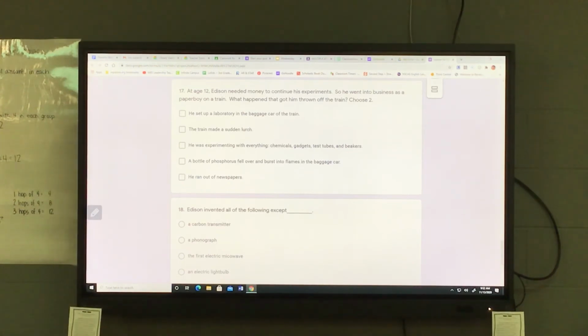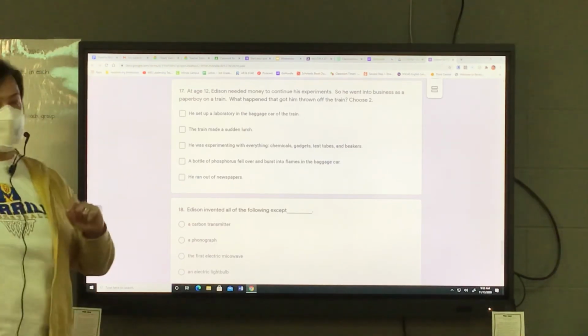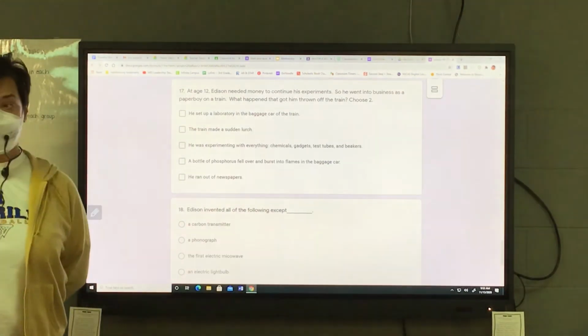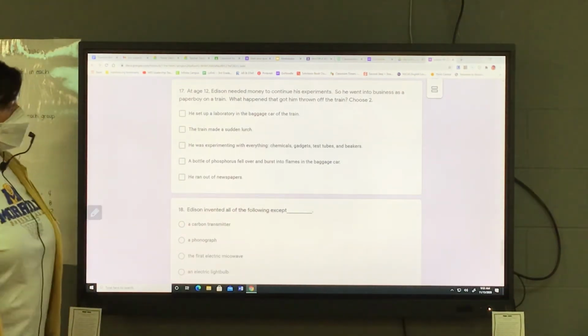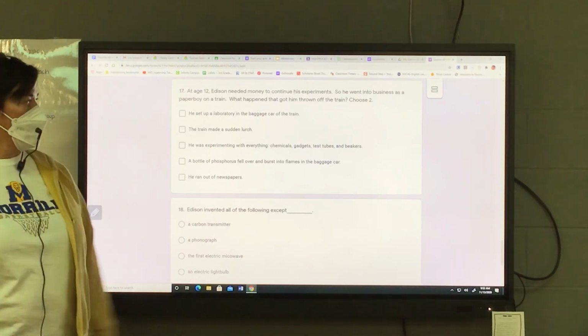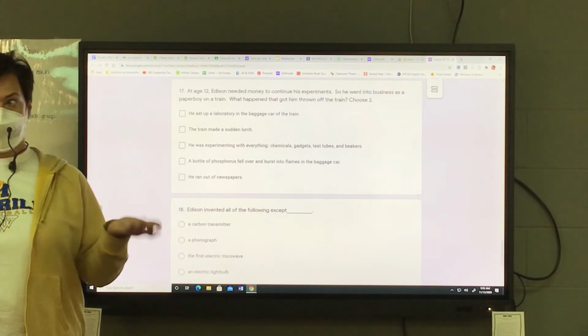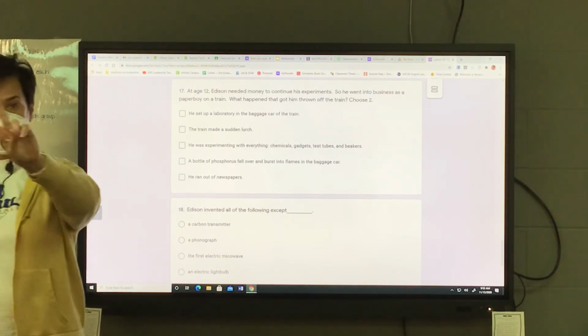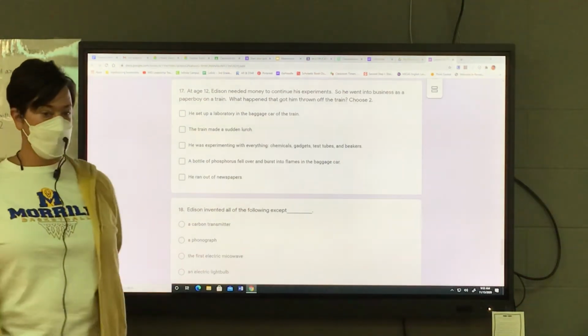All right, number 17. At age 12, Edison needed money to continue his experiments. So he went into business as a paperboy on a train. What happened that got him thrown off the train? Choose two correct answers.